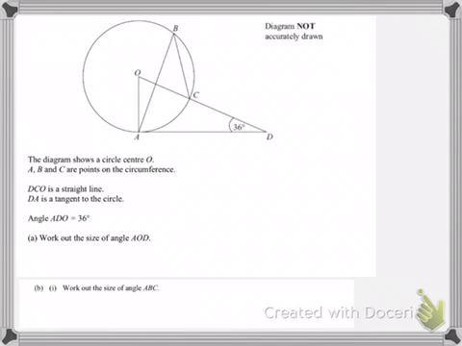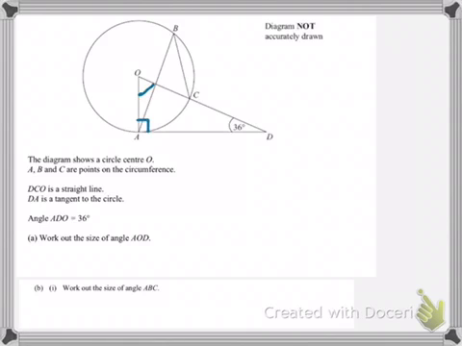Next one, work out the size of the angle AOD and the angle ABC. So pause and work through that and unpause for the solution. Okay, we know that DAO is 90 degrees because tangents and radius meet at 90 degrees. So then we can work out the angle up at O because angles in a triangle add to 180.